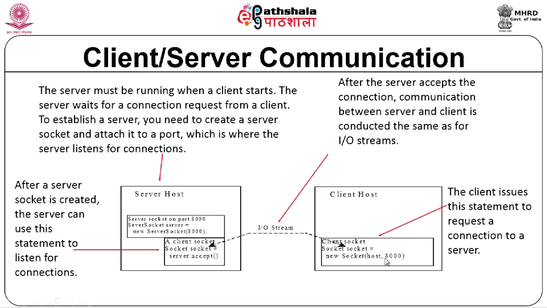After the server socket is created, we can see here the statement where the server socket is created, and the server uses the statement to listen for connections. So, a server socket is listening for connections, the client issues this connection request, and once the server accepts this connection, communication between the client and the server is conducted.